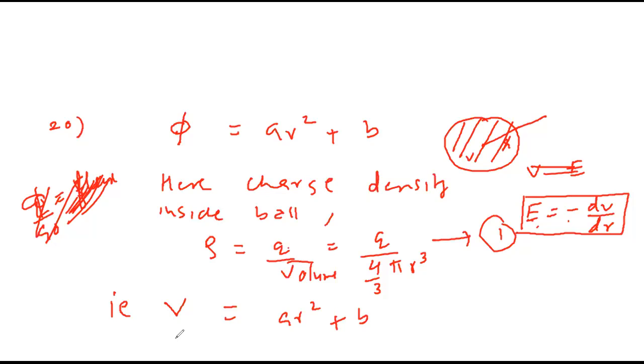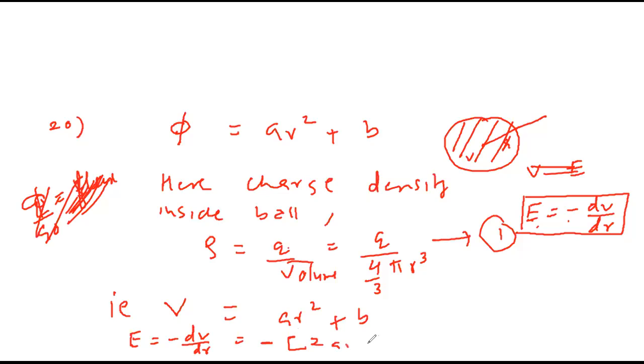So from V, E is minus dV by dr. What is the derivative of A R square? 2A R, very good.